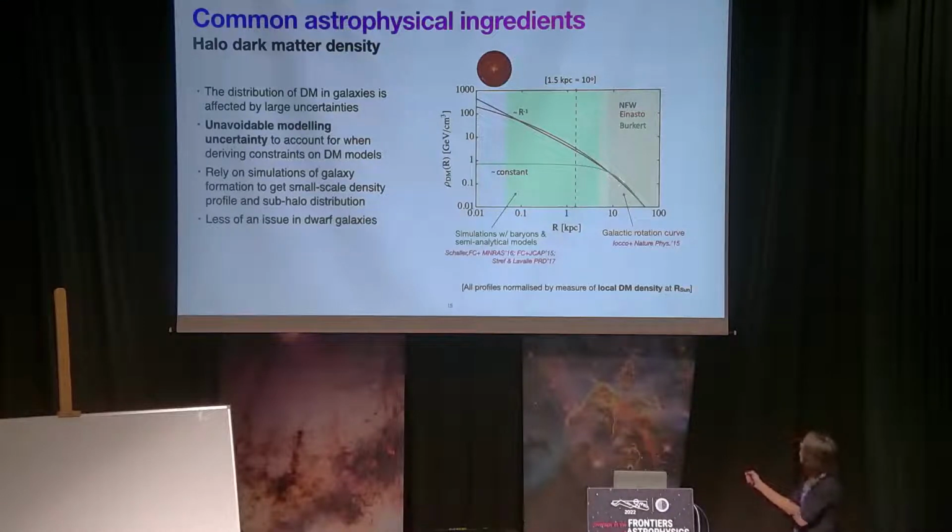And you see that no matter what the parameterization of your dark matter distribution is, they all agree at larger radii because you have strong constraints from the measurement of the dark matter local density and also the galactic rotation curve. However, below these few kiloparsec, you have to rely on simulations of structure formation, of galaxies, where you can identify the more or less universal behavior of dark matter halos in different types of galaxies, but you cannot really discriminate or infer what the dark matter distribution really is in our own.